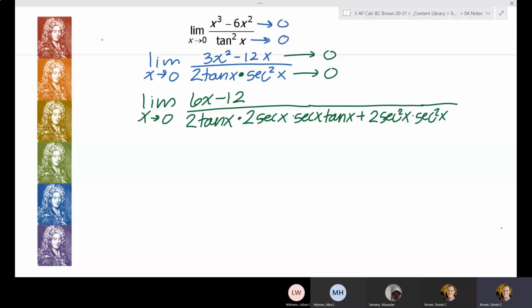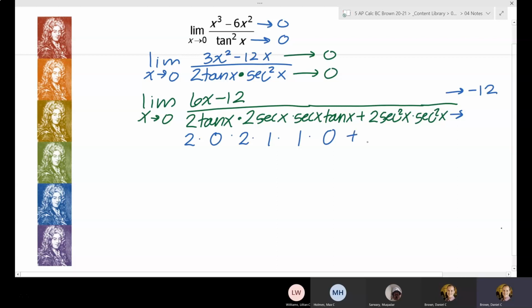Looking at this numerator though, 6 times 0 minus 12 is going to give me a -12. Looking at my denominator, I see I have a 2. Tangent of 0 is 0. The secant of 0 is 1. That whole first term is just going to go towards 0.